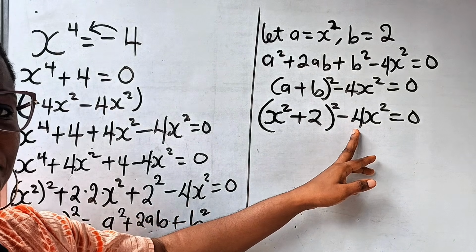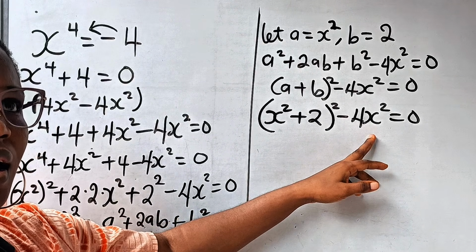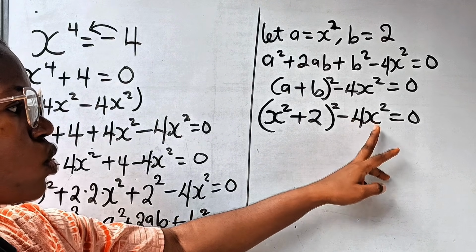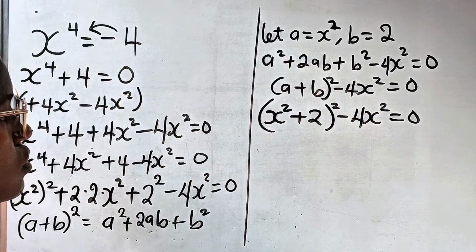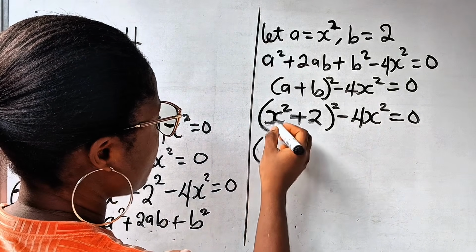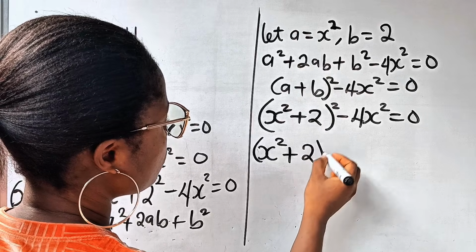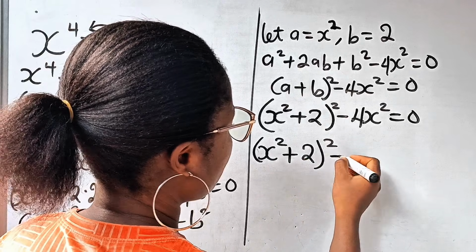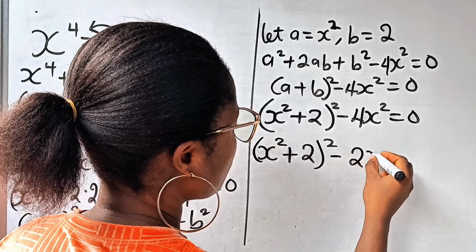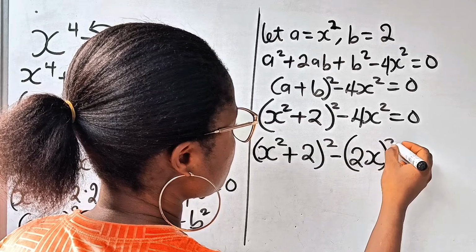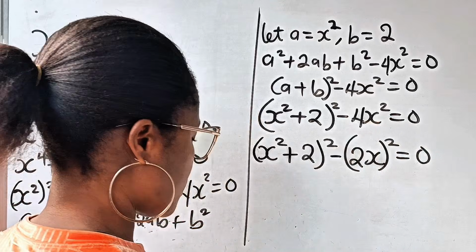Now 4x squared can be written as 2x raised to the power of 2. So we can write this as x squared plus 2, all squared, minus 2x, everything raised to the power of 2, is equal to 0.